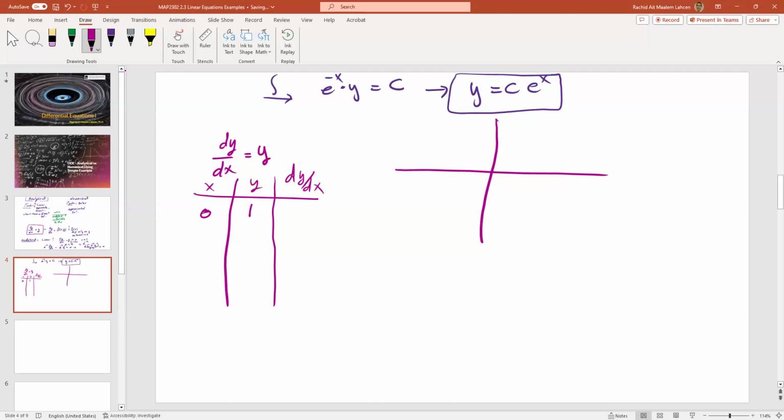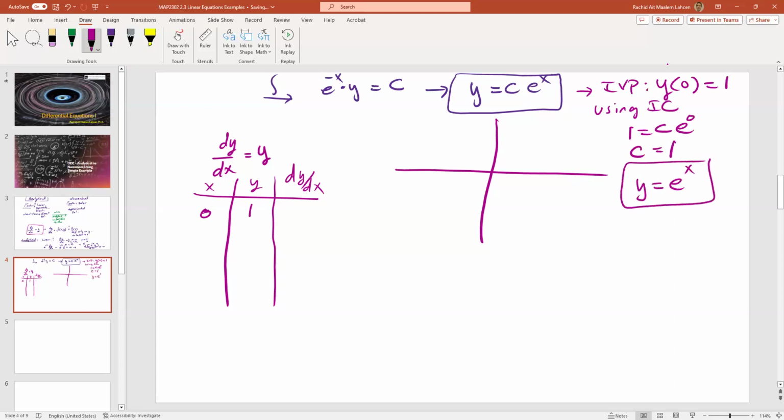And let's change this to an IVP, and so we connect it with the numerical example. And in this case, using the initial condition, you get 1 equals C times this, which means C is 1. So the particular solution is this, okay?